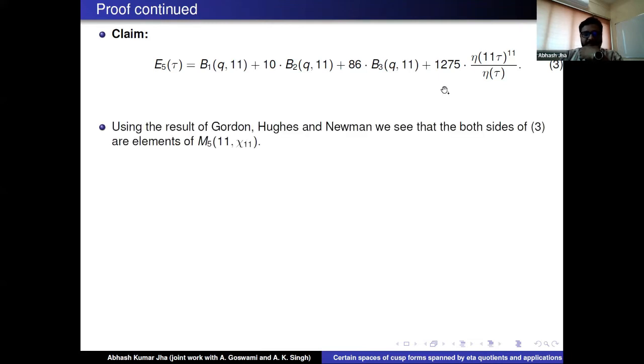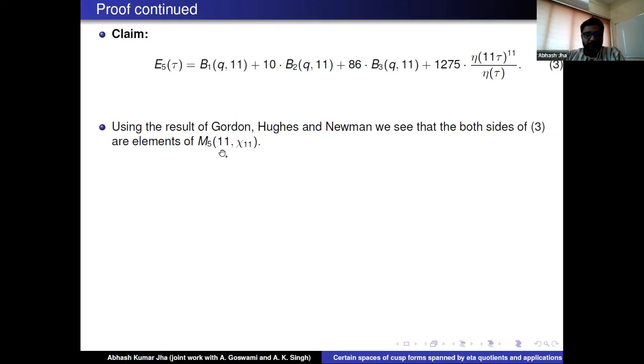Now, if you use the result of Gordon, Hughes, and Newman on eta quotients, where they characterize the eta quotients, it will tell you that this particular eta quotient satisfies all those 4 conditions, and it is an element of this space.